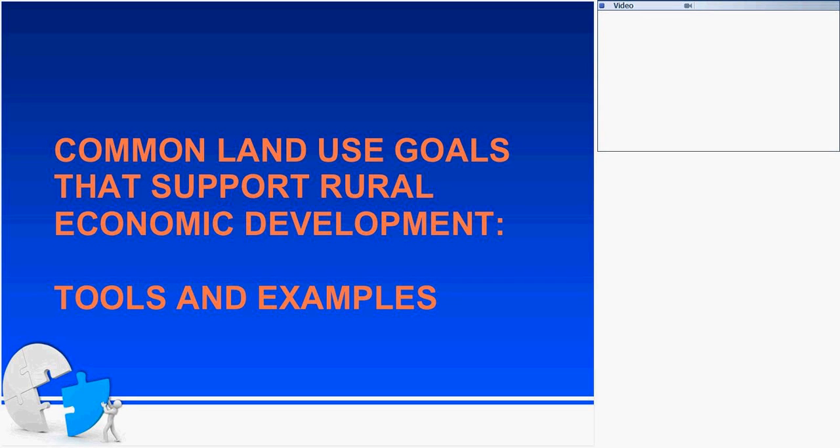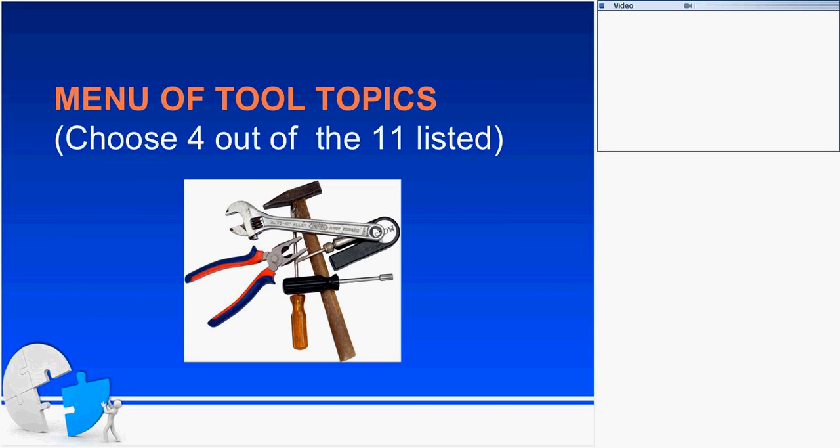And the tools are grouped, as I said before, under the 3 broad goals for supporting growth that maintains rural character and enhances economic opportunity. So I've brought up one of the strategies here to show you an example of how this works.